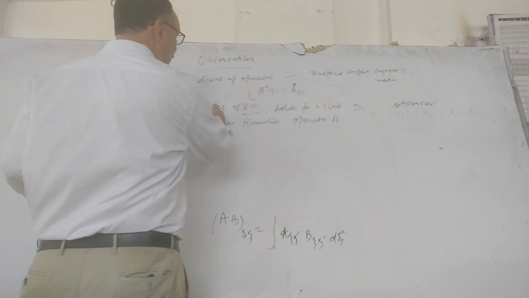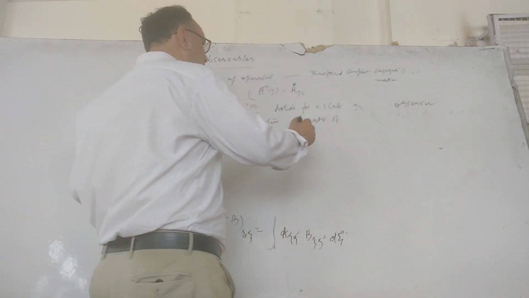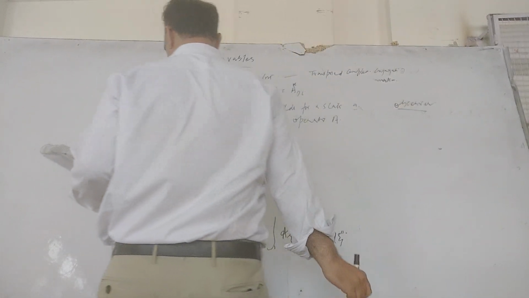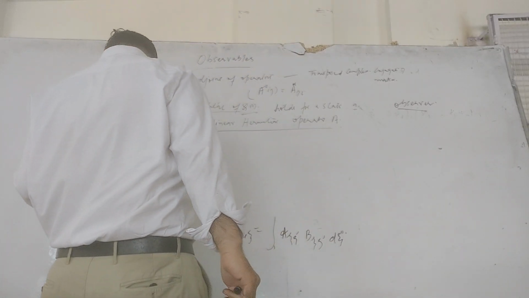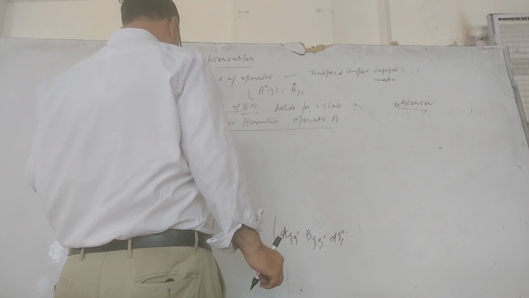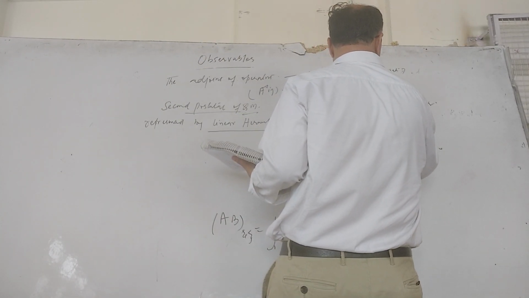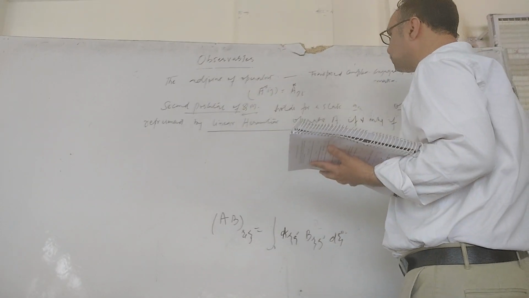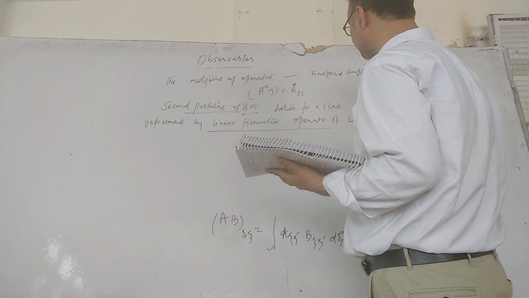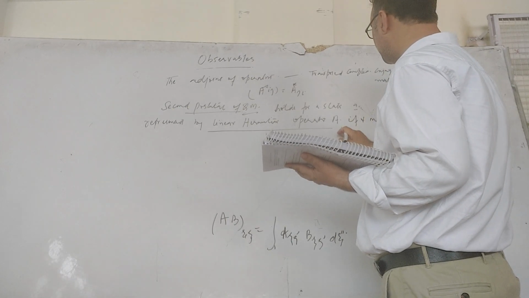So the second postulate states that it holds for a state A if the observer is represented by the linear Hermitian operator A, if and only if. This condition becomes very restrictive.